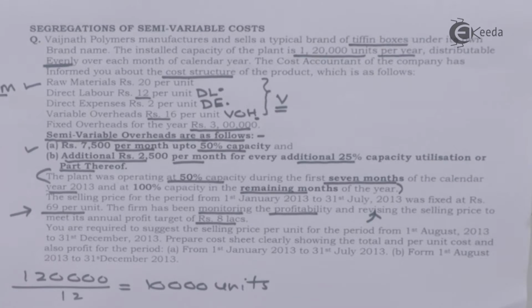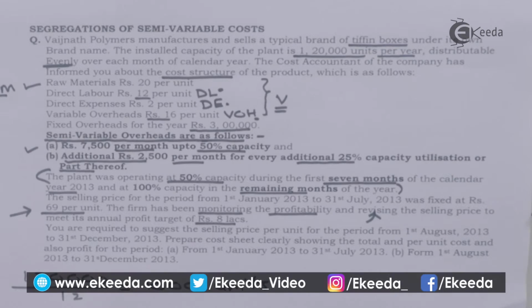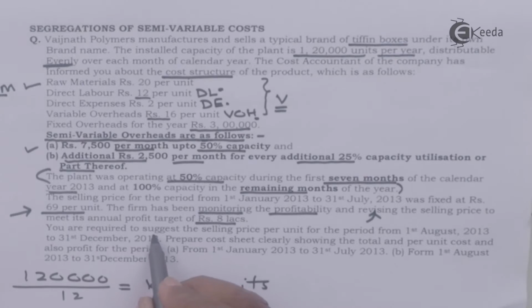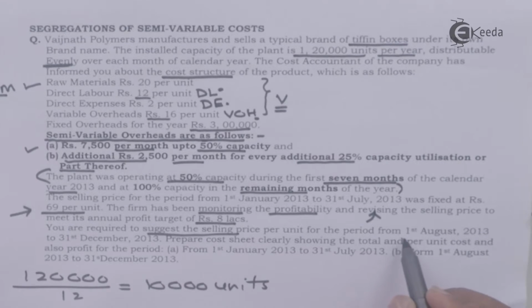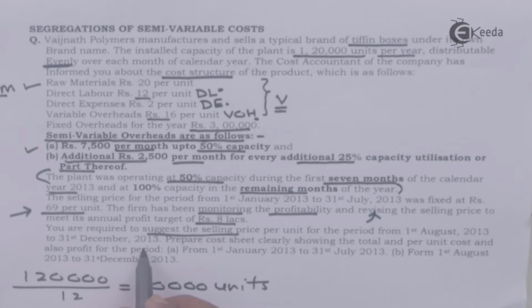That means there is a possibility that during the first 7 months the selling price is rupees 69. In the next 5 months the selling price may be changed because the company wants to ensure the profit target, as given here, rupees 8 lakhs. You are required to suggest the selling price per unit for the period 1st August to 31st December, that is the next 5 months.